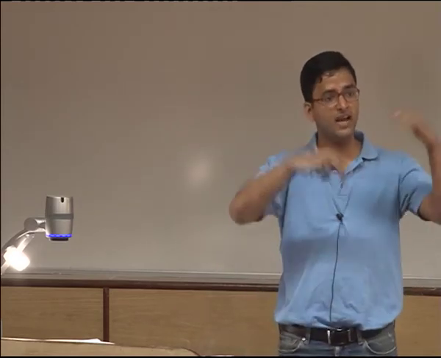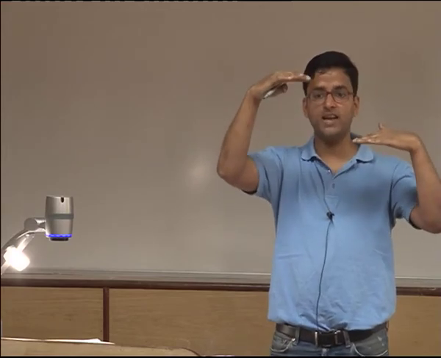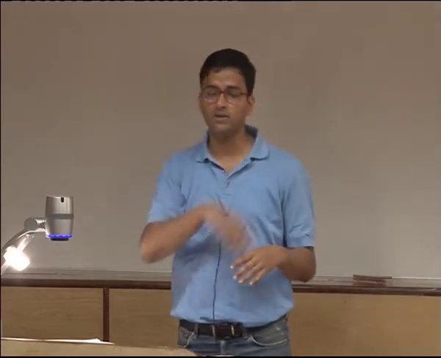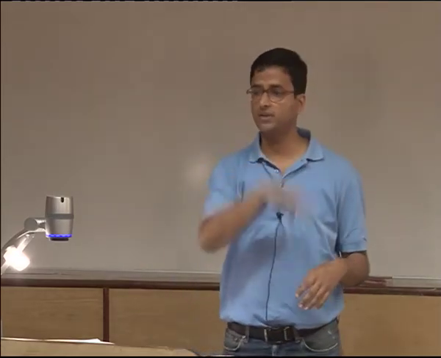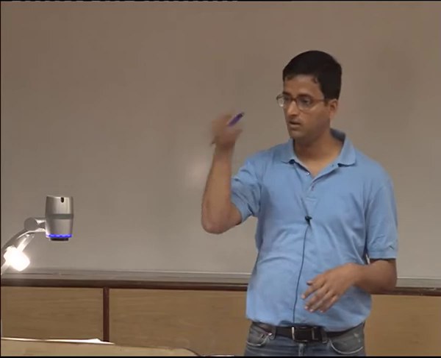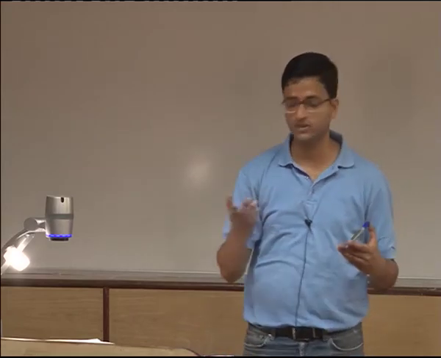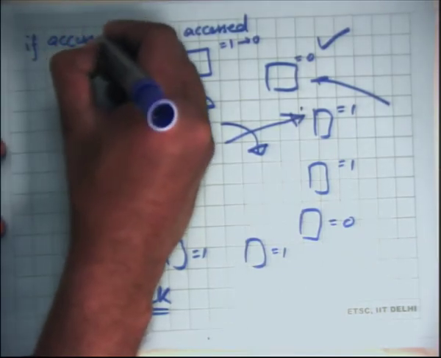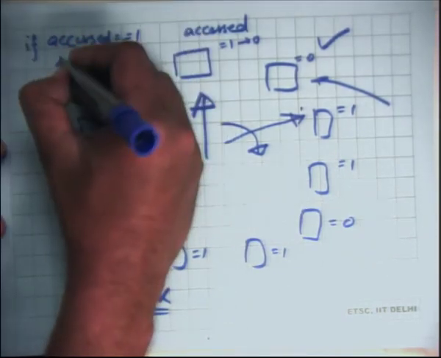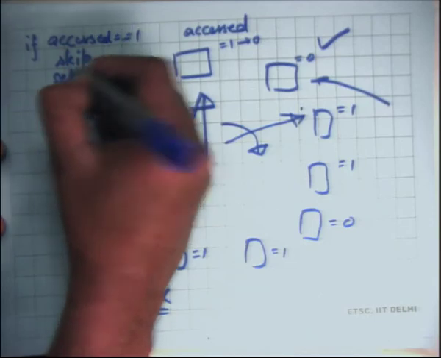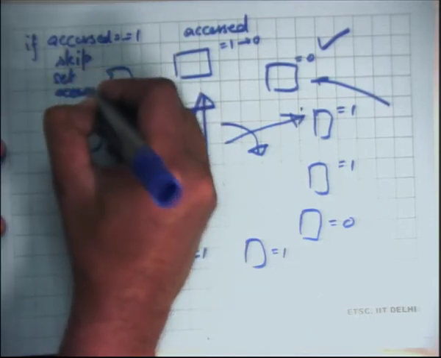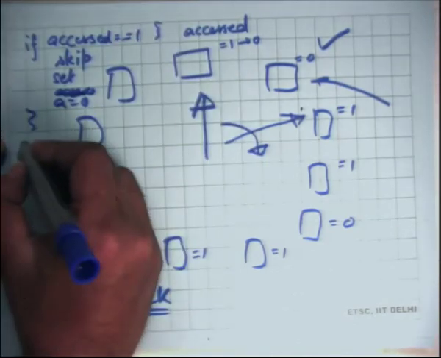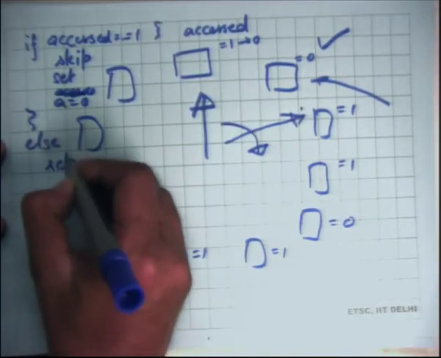Okay. So you basically have two categories, recently accessed and not recently accessed, and you are processing both of them in FIFO order. One way to think about it is you arrange the pages in a clock and you let the clock hand rotate, and you use this algorithm: if accessed is equal to 1, skip, set accessed A equal to 0, else replace.